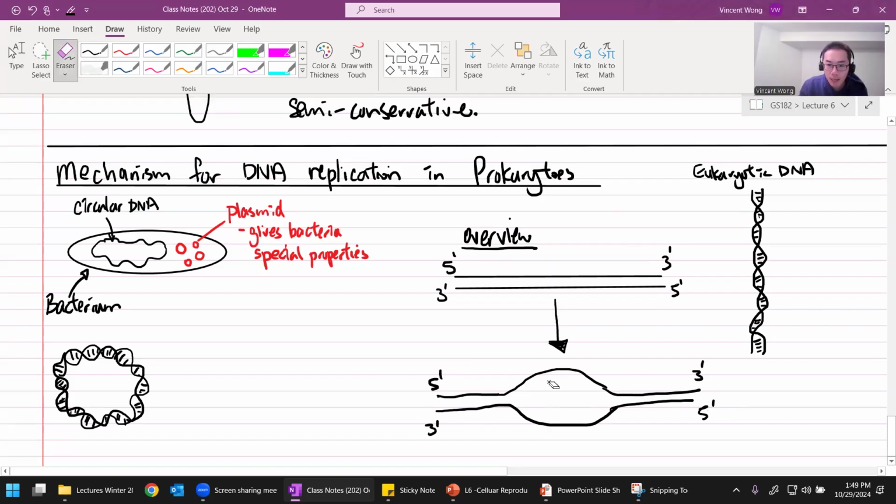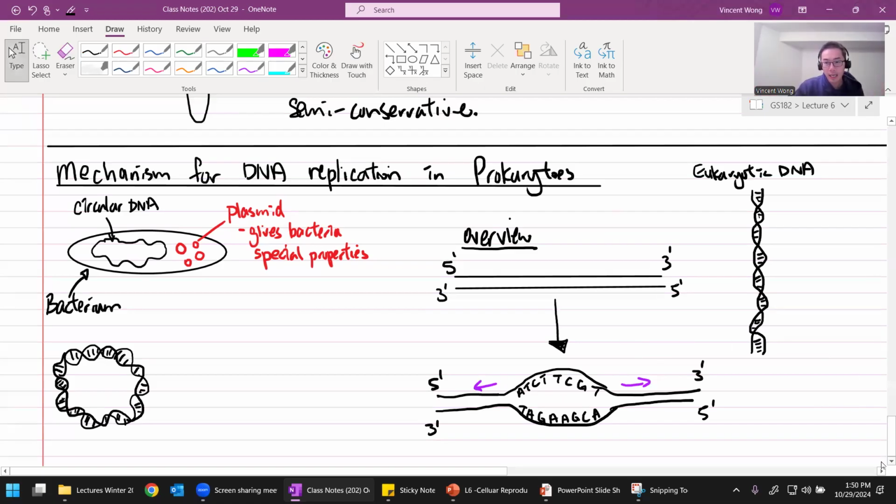And once you open up the bubble, then you'll be able to see the individual ACTG in there. And the other side, of course, is complementary to it. And then you can build the missing half. And then the bubble is going to expand sideways. And then you're going to be able to open up the entire DNA.